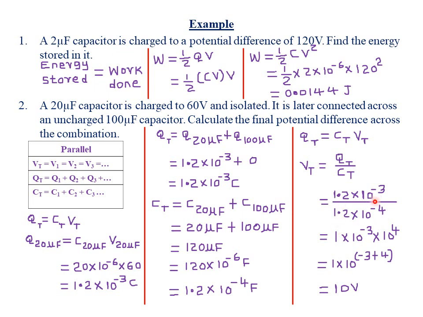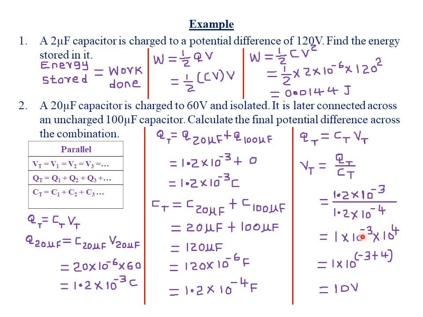Then for 10 power negative 3 divided by 10 power negative 4, we use the laws of indices, which are taught in Form 2 mathematics: when a negative power moves from the denominator to the numerator, the power must be negated. So 10 power negative 3 was already on the numerator, and 10 power negative 4 moved to the numerator becomes 10 power positive 4.